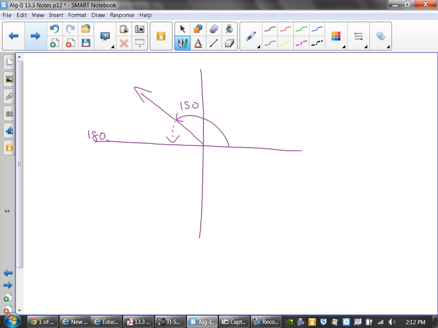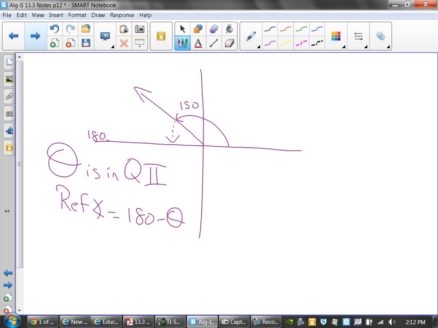So if your theta is in quadrant 2, your reference angle equals 180 minus theta. Theta will be your given angle. I gave you guys theta at 150.